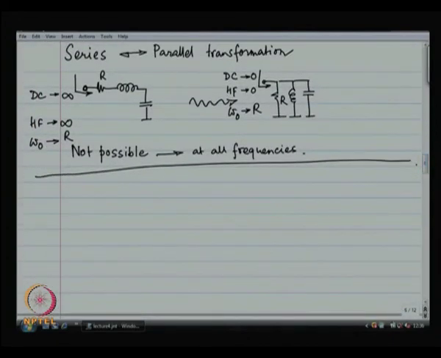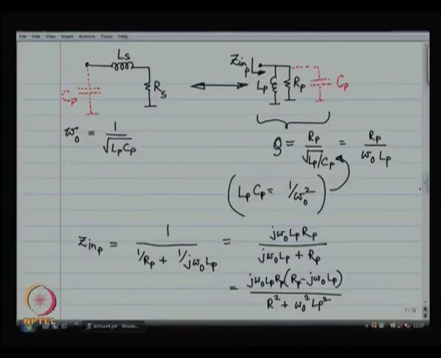After that, we talked about series to parallel transformations. First of all, it is obvious that a series to parallel transformation is meaningless when we want it to work over the entire frequency range. A series to parallel transformation can work at a specific frequency.